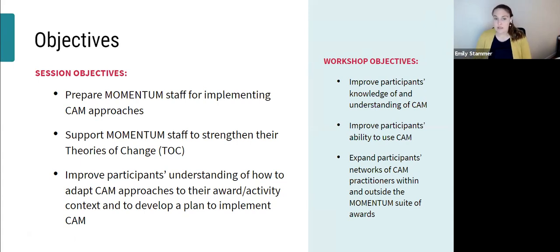Just as always, and we mentioned this last time, the workshop is complemented by the CAM guide that Lucy Wilson helped put together, which is also posted on the hub if you are interested. And I think on the Momentum external website, so anybody can access that.